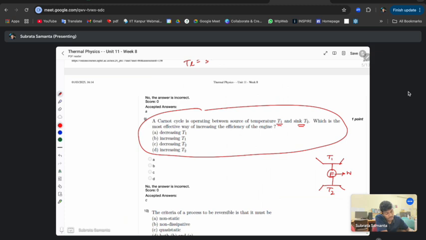This is QH and this one is QL. So what is the most effective way of increasing the efficiency of the engine? What is the efficiency of the Carnot engine? It's basically eta, right?